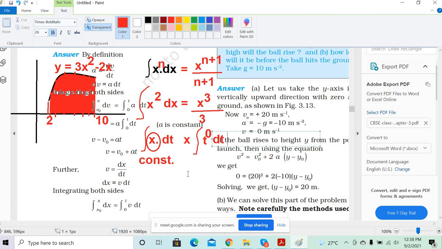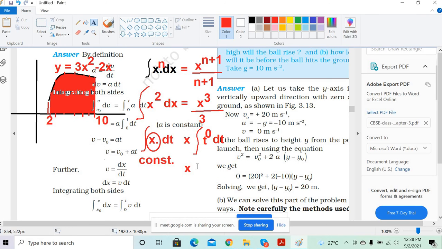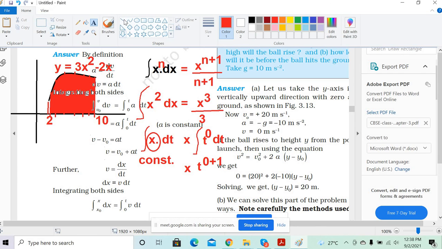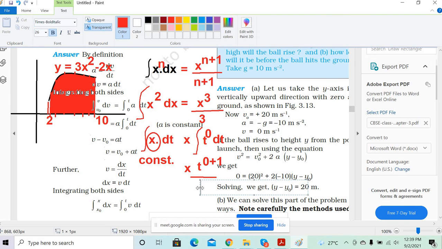Now you can apply the formula. So it becomes x, and the formula is t power 0 plus 1 by 1, t to the power 1. It's just xt, that's all. Yeah, correct. Xt, excellent. Did you understand now? Yeah, got it. Answer is xt.